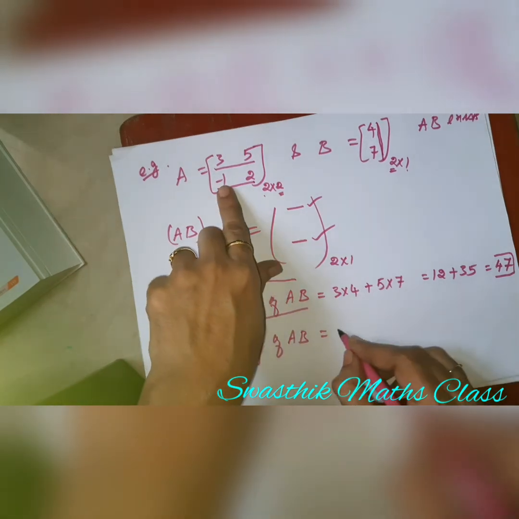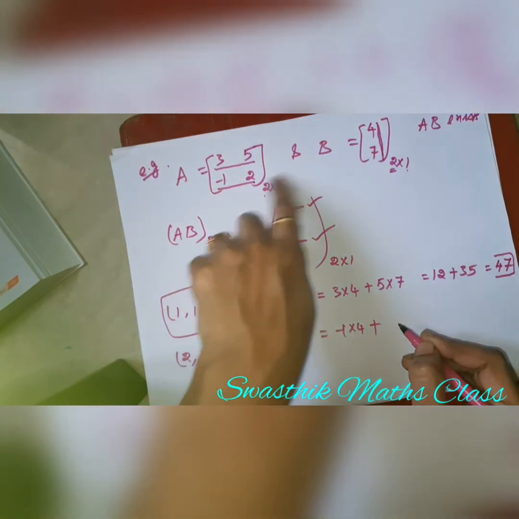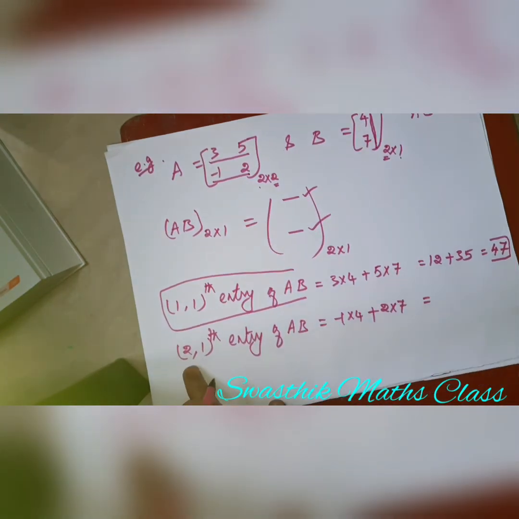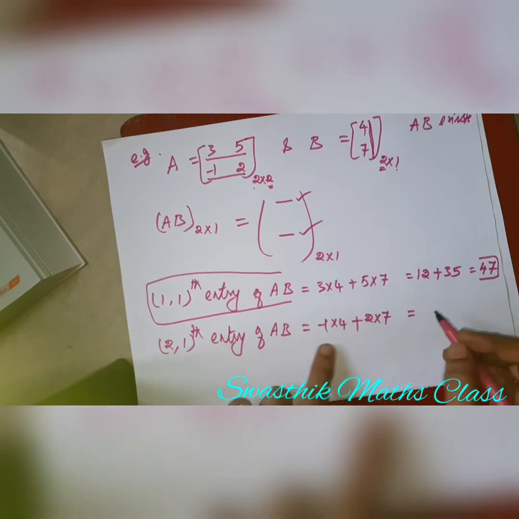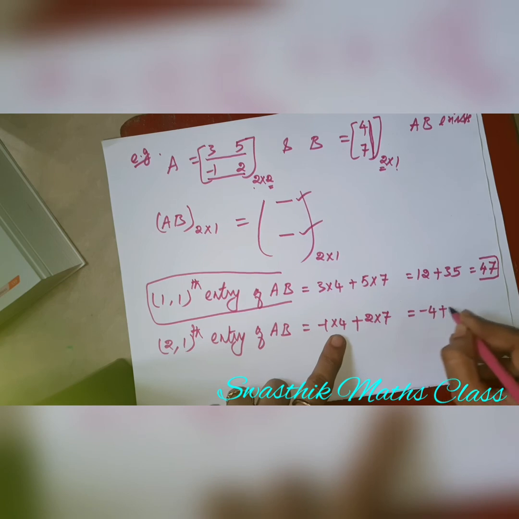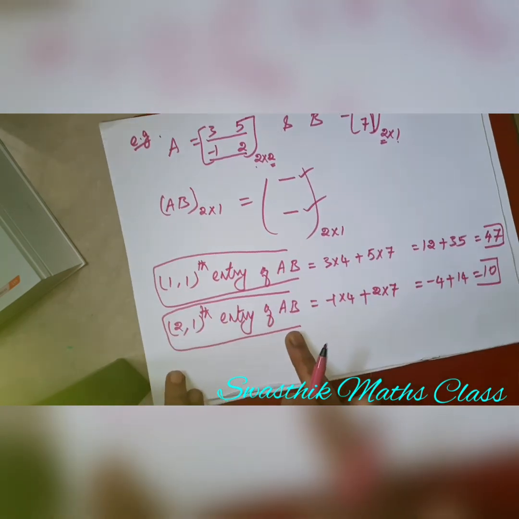So -1 into 4 plus 2 into 7. In this way, we will get the 2/1th entry of the new matrix AB. What is the value here? -1 into 4 is -4 plus 2 into 7 is 14. 14 minus 4 is 10. So our 2/1th position of the new matrix AB is 10.